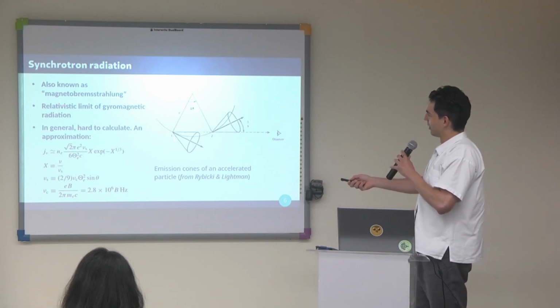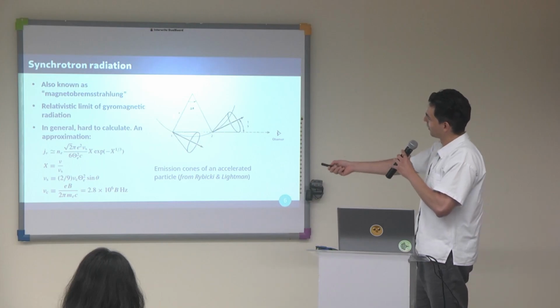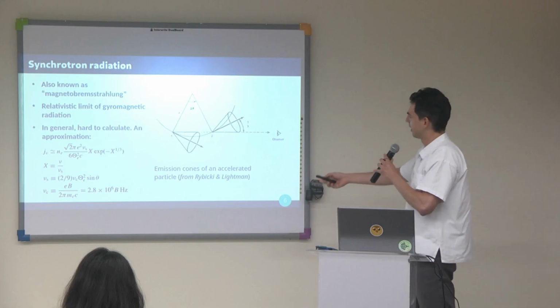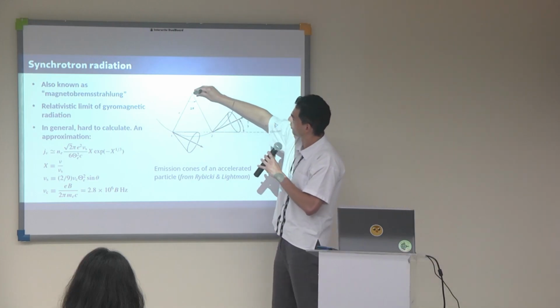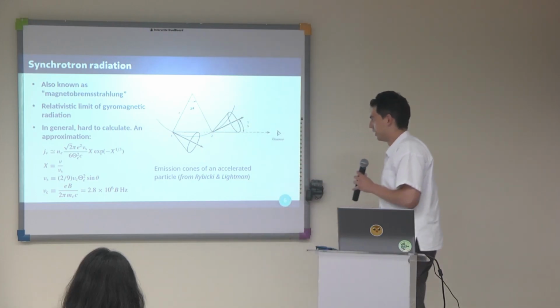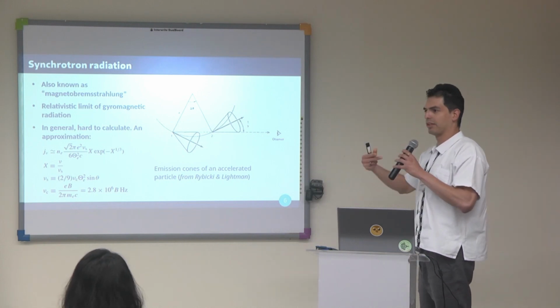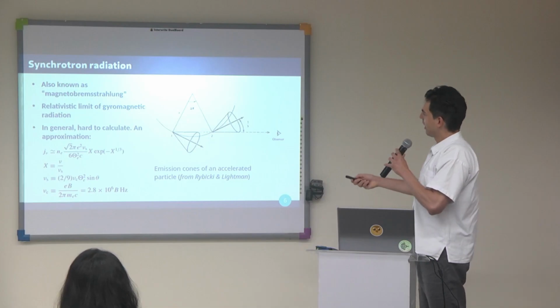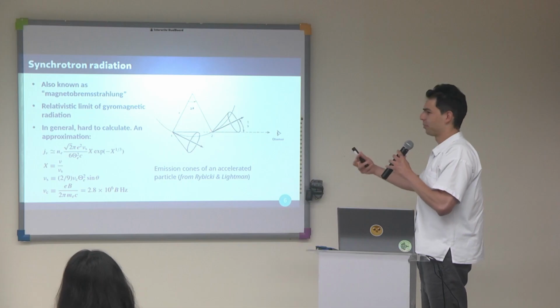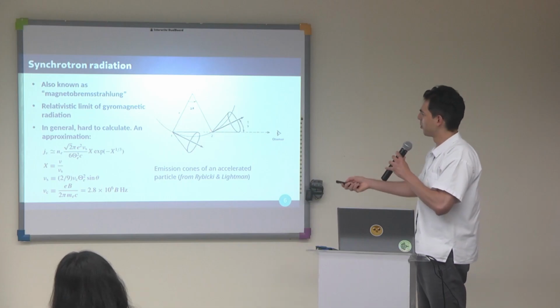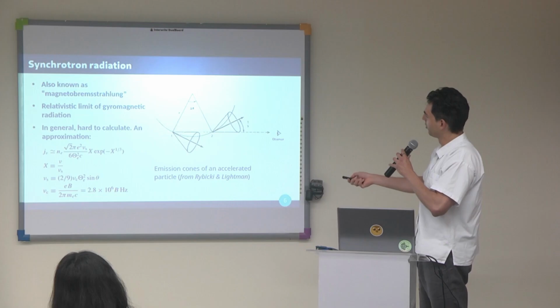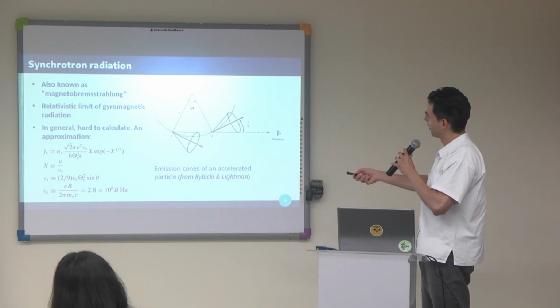So how it works is like this. One has, in this case, a magnetic field line that is propagating outside of the page. The charged particles are rotating around the direction of these magnetic field lines. And because they have some centripetal acceleration, they are changing their momentum, and they are getting rid of some of their linear momentum via radiation.